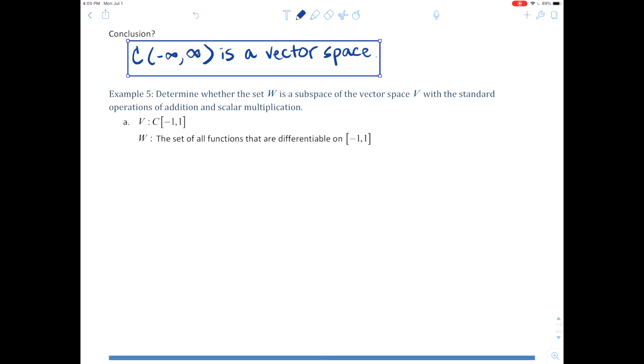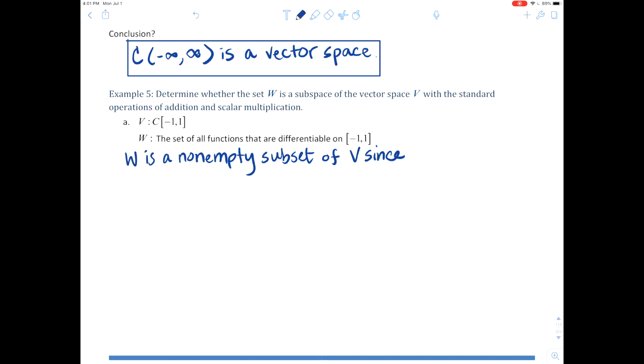So let's see. What do we need to say? Well, W is a non-empty subset of V. And how do we know that?